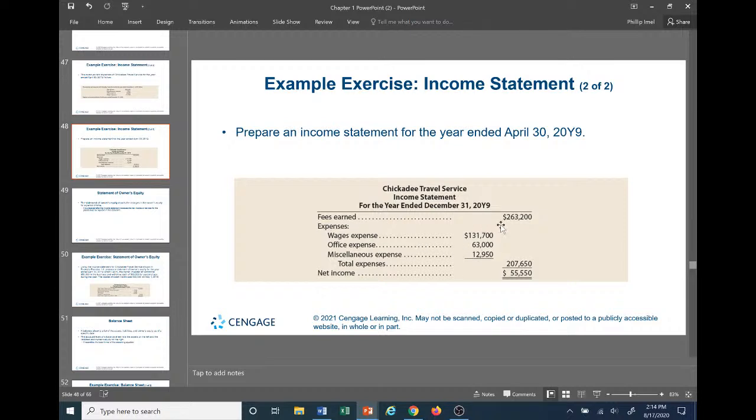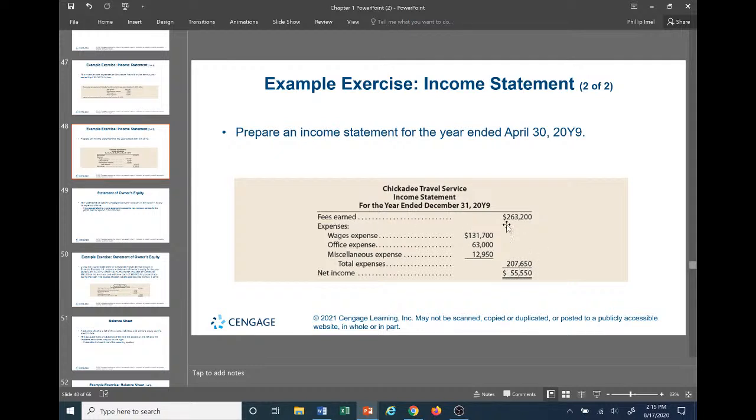Recall we had fees earned of $263,200. So we always start with revenues on the income statement, okay? Next, we have expenses. Wages expense of $131,700. Then we had an office expense of $63,000. We had a miscellaneous expense of $12,950. Then as you can see here, we have it tallied over here. These three expenses sum up to be $207,650.